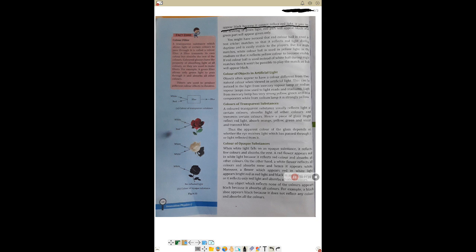So, you can see here this experiment. So here what is happening? One experiment is being conducted here. White light falls, so that's why you see this red rose. But if this rose reflects all the white light, this rose will look what? White. Understand?